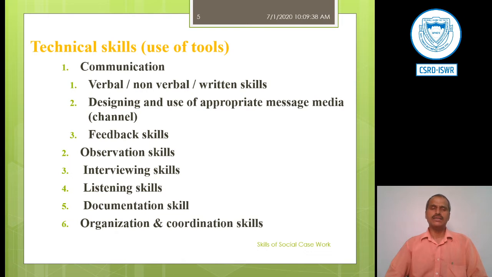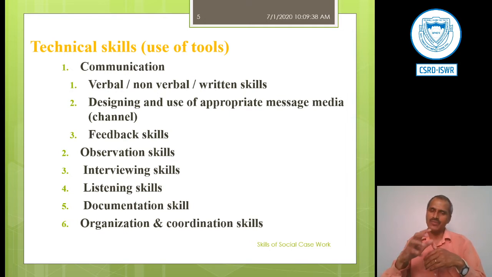Then another skill is the observation skill. It is also part of the communication skill. Observation is very important. So the caseworker should be a very good observer. He or she has to observe the client and understand what the client wants to communicate.